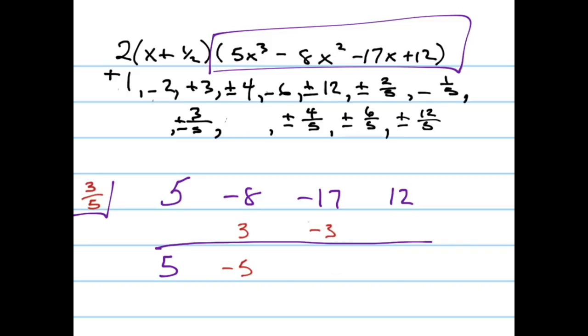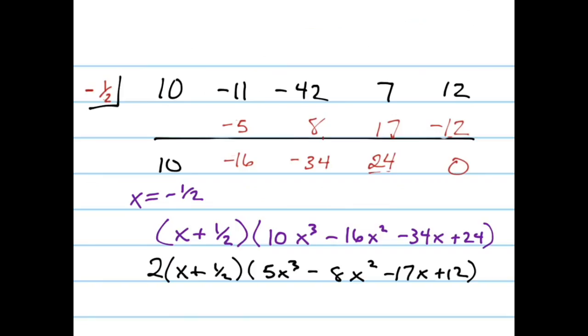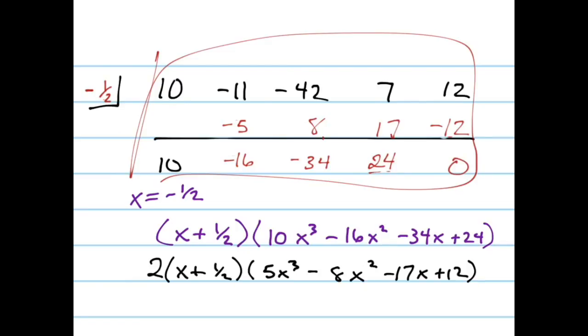Sarah? Ethan? Lily? 0. Yay, 3/5 works. Who'd have guessed? Now, just to point out, that means that 3/5 would have worked on this one too. A little late, but 3/5 also would have worked back there. If it works at the end, it's going to work back there.